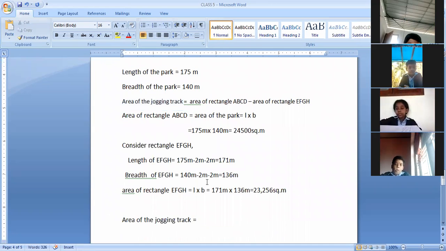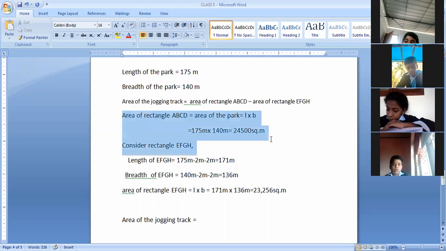Area of jogging track is equal to area of rectangle ABCD. What's the area of rectangle ABCD? 24,500. Yeah, 24,500 is the area of the rectangle ABCD.